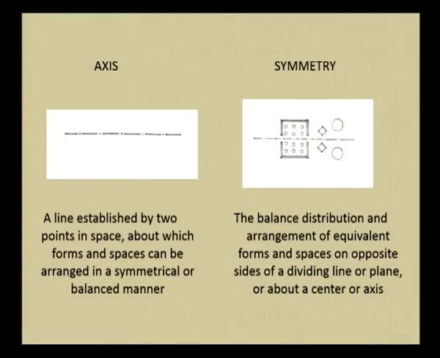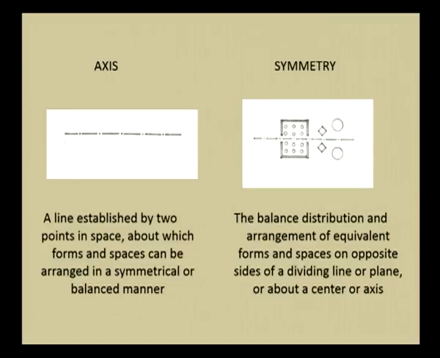We will see certain basic principles of order. The axis, which comes first as the primary principle, axis, symmetry, hierarchy, datum and repetition. What is an axis? Axis is a line established by 2 points in space, about which forms and spaces can be arranged in a symmetrical or a balanced manner on either side.